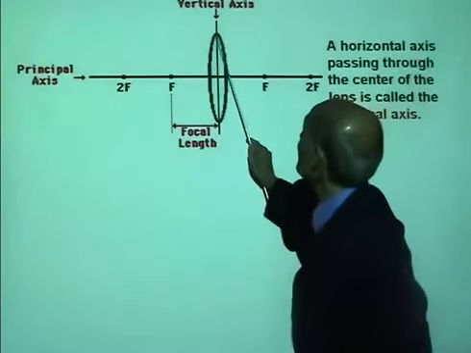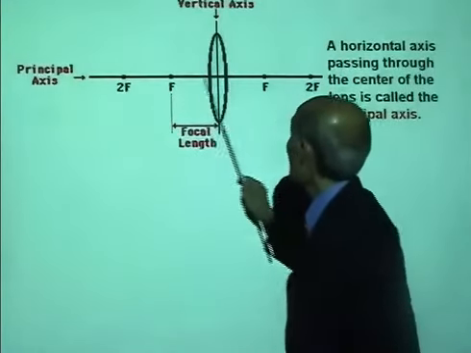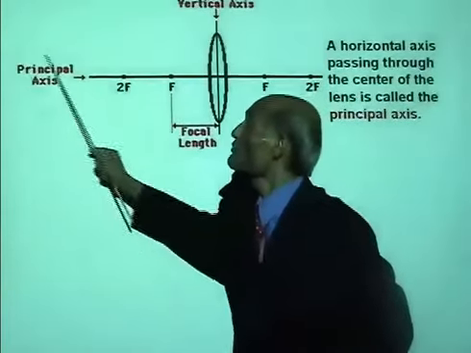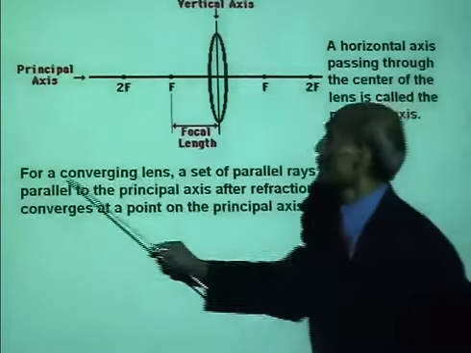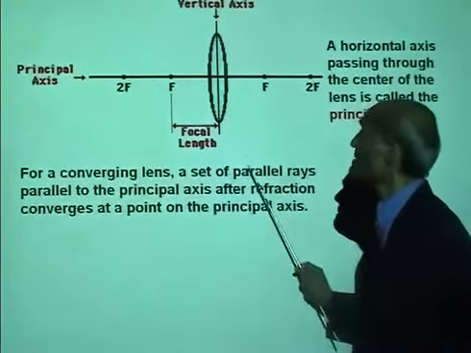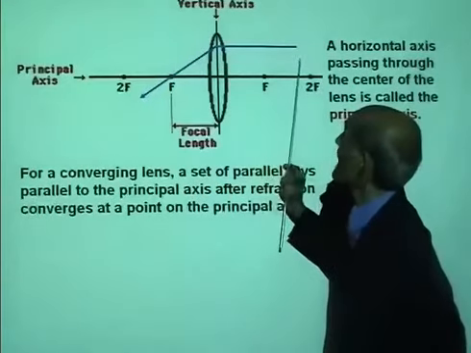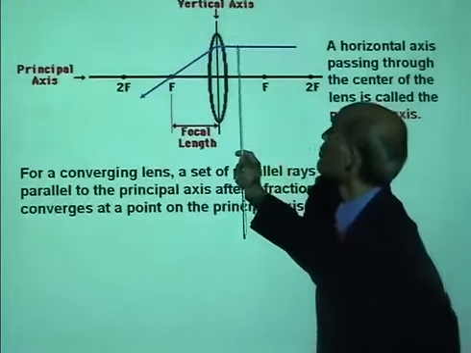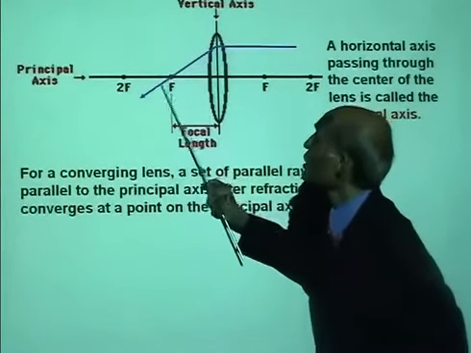Now, this is the converging lens. A horizontal line that passes through the center of the lens is called the principal axis of the lens. Now, for a converging lens, if you allow a set of parallel rays to fall on the lens, see, I allowed one ray to fall on the lens, look at the way it is going to emerge.